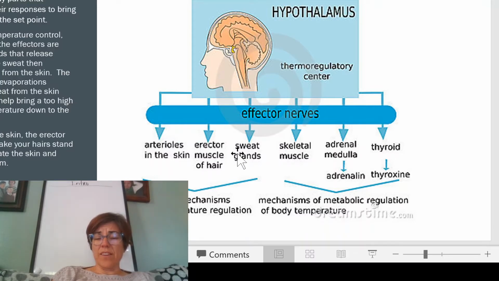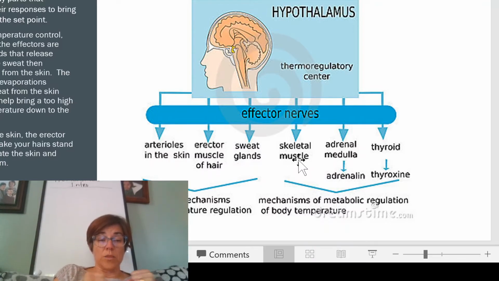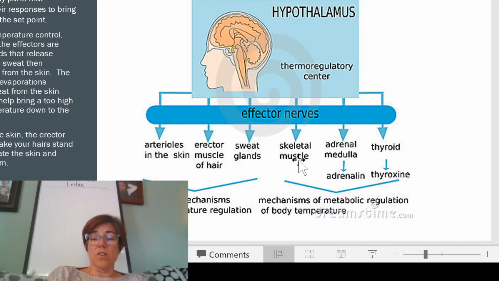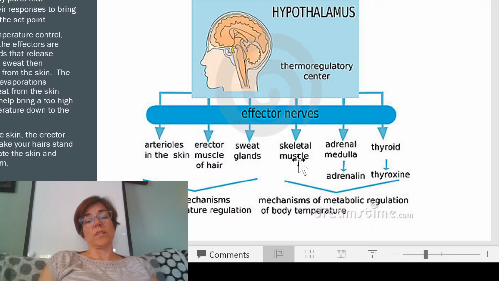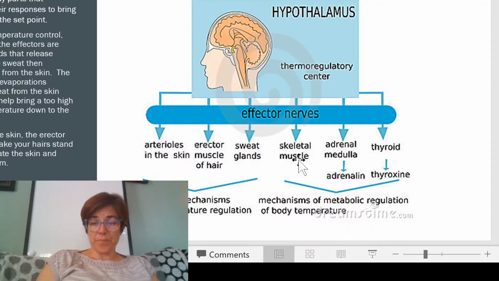And they're showing that the effectors are nerves that are sending out to these different body parts so that a response can occur. So the arterioles are the blood vessels, the little muscles right under your skin give you goosebumps, your sweat glands, your muscles, whether they will want to move when you're cold and you try to move a lot, or if they want to not move. You want to get real lazy so that you don't produce heat.